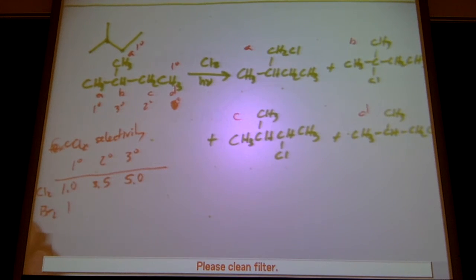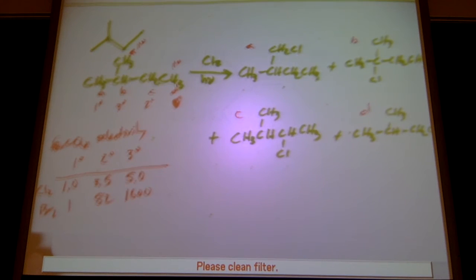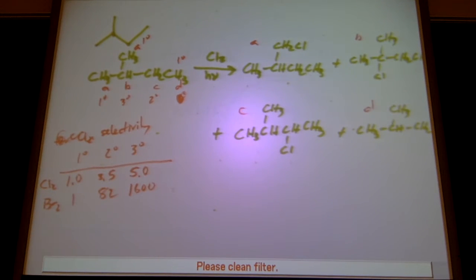Bromine is much more selective in that the secondary position there is 82 times more reactive, tertiary is 1,600 times more reactive. But we can use these selectivity ratios to predict what percentage of each of those products I would have.